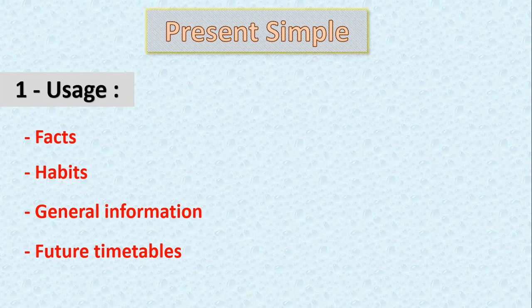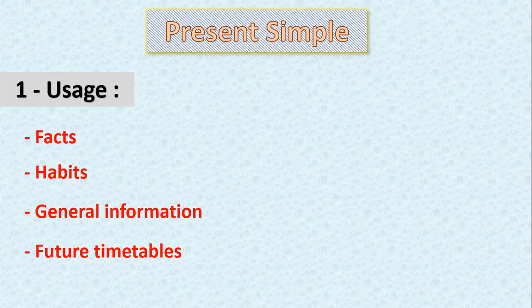And also we use it to talk about future timetables, like schedules, like the train of Alexandria arrives at 7, and so on. So we use it to talk about something that doesn't change a lot. All right, so that's about the present simple tense and when do we use this tense.